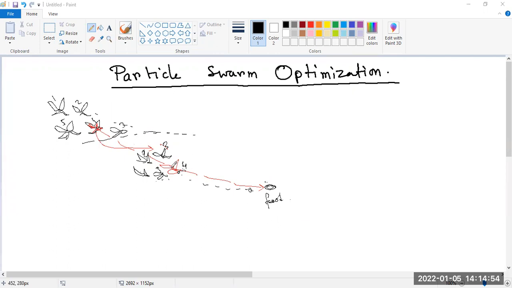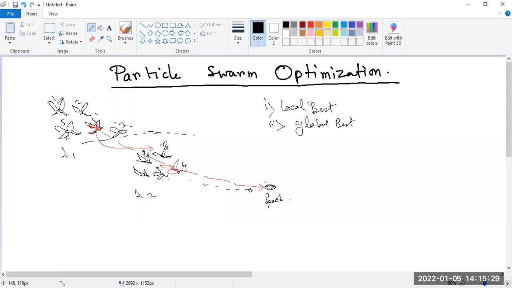In this way, they are getting the food. So first of all, there are two positions. The first position is called the local based position, and the second one is called the global based position. First we have to know what the local based and global based positions are. Look, this is the T1 time, this is the T2 time.